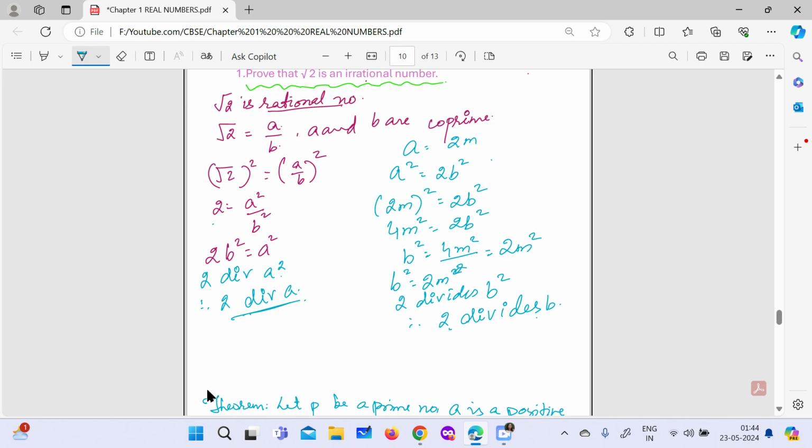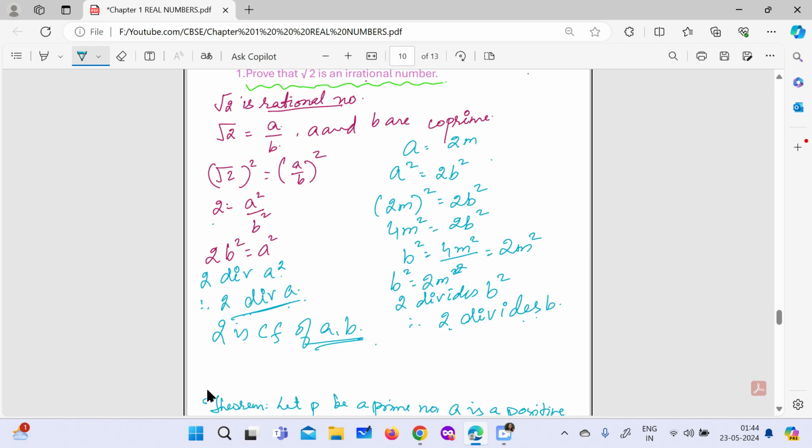It means that 2 is a common factor of a and b. But this is contradictory, because we assumed a over b to be a rational number, right? And when it is a rational number, they could not have any common factor other than 1.